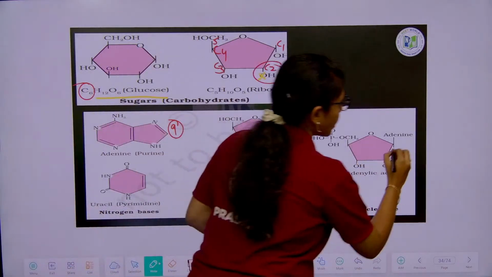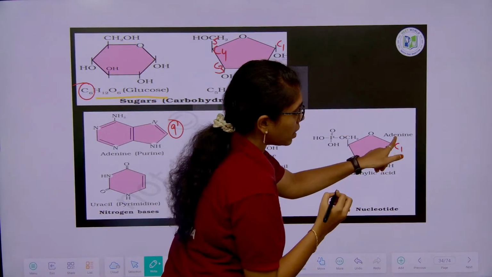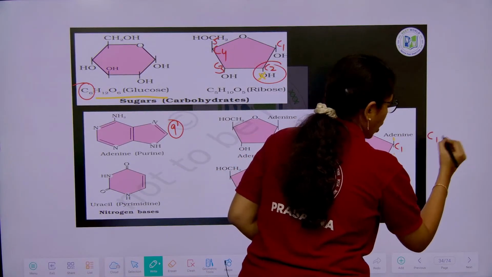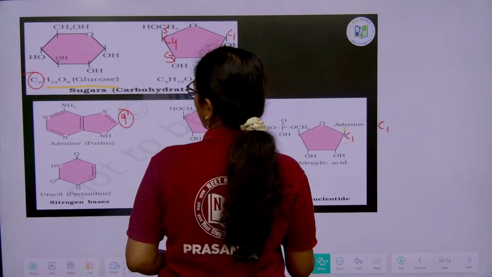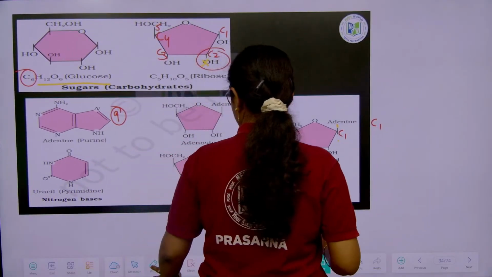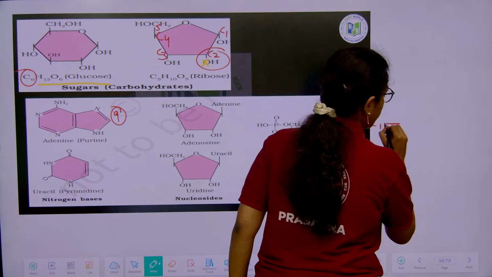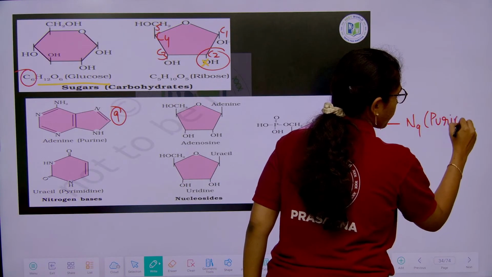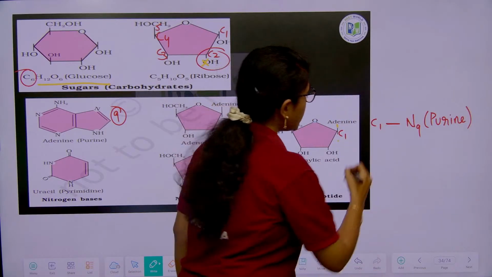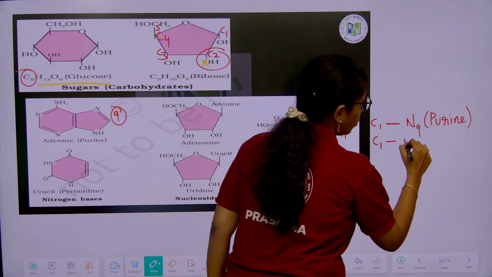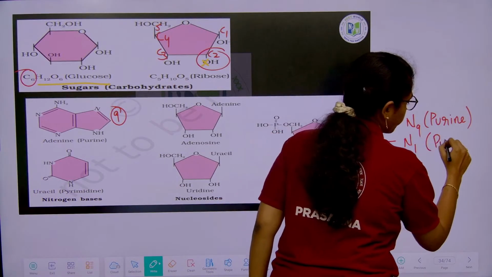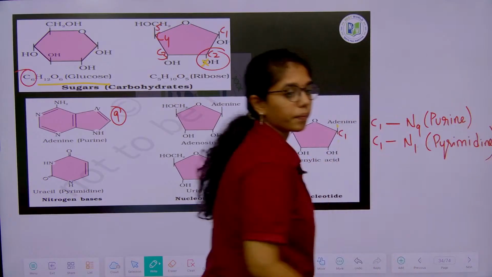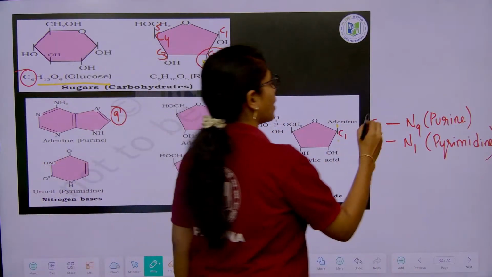I said it is connected to the first carbon. See, the first carbon is connected to the nitrogen base adenine. So C1 of the sugar is bound to N9 of purine, and C1 of the sugar is bound to N1 of pyrimidine. By what bond? N-glycosidic bond.